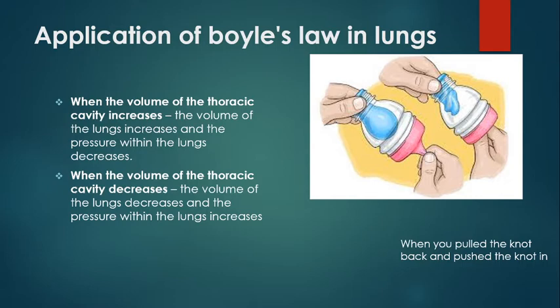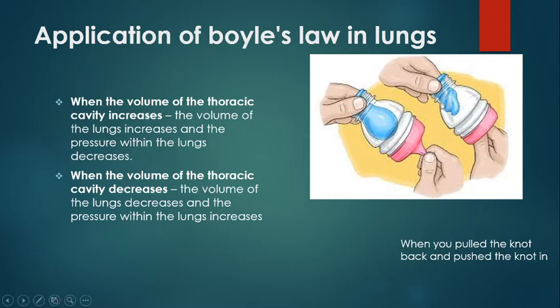And according to Boyle's law, the pressure within the lungs decreases. It's inversely proportional. When the volume of the thoracic cavity decreases, the volume of the lungs decreases, and according to Boyle's law, the pressure within the lungs increases.